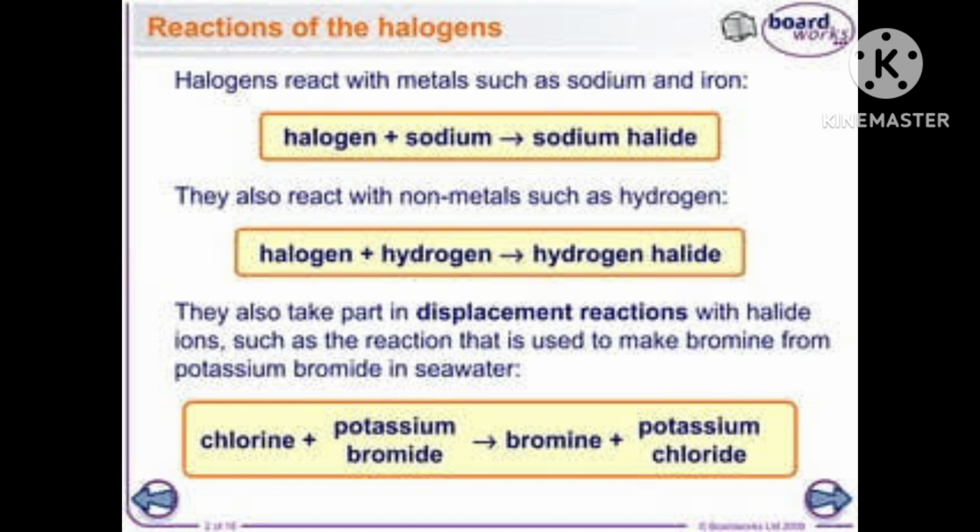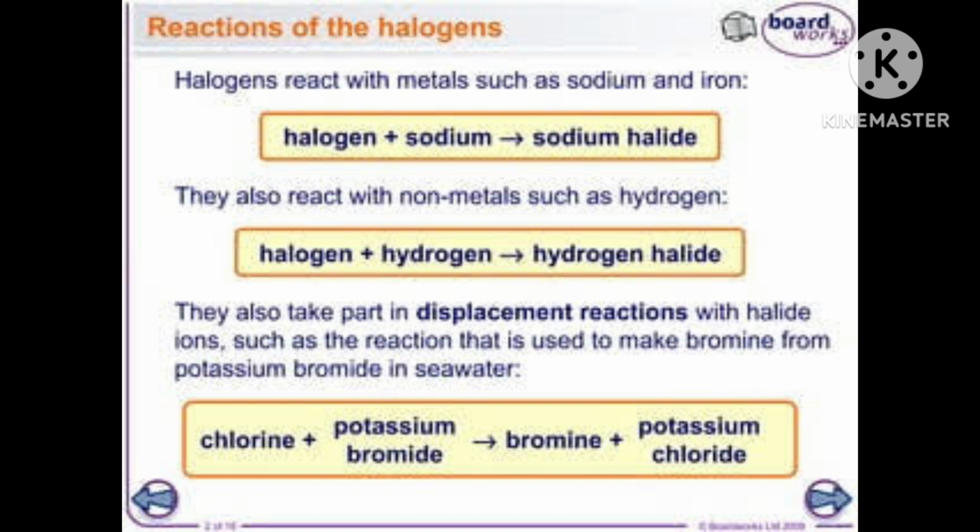This is the ionic character. MF has more ionic character than MCl, MCl has more than MBr, and MBr has more than MI, where M is a monovalent metal.